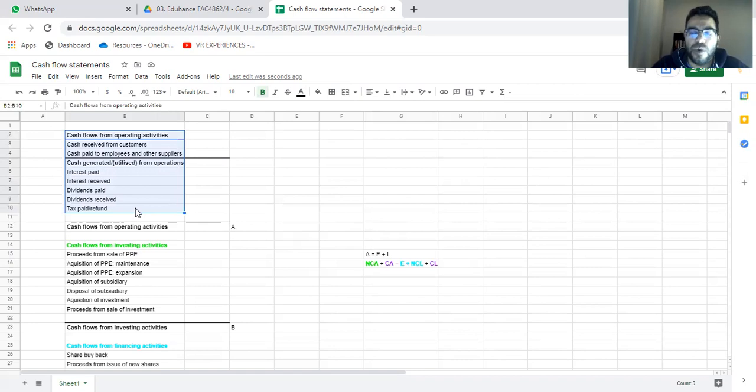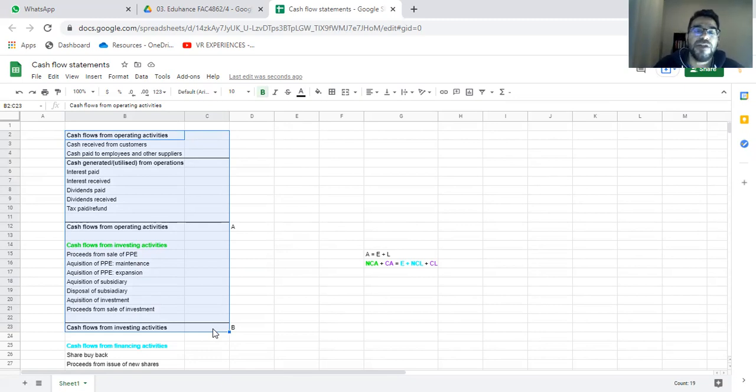What you must know is that this is in effect a cash flow income statement. The income statement records income and expenses based on the accrual concept.